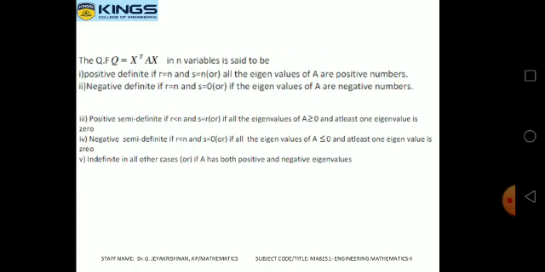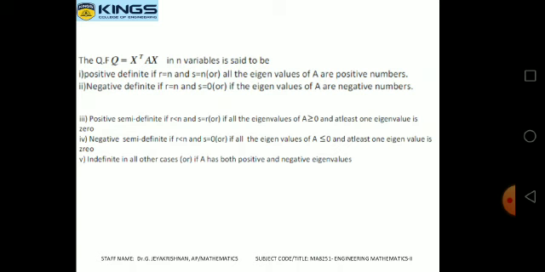Then the quadratic form Q equal to x transpose Ax in n variables is said to be of five different types of nature: positive definite, negative definite, positive semi-definite, negative semi-definite, and the last one, indefinite. How to identify positive definite? If all the eigenvalues of the given matrix are positive, the nature of the quadratic form is positive definite. For example, 1, 2, 3.